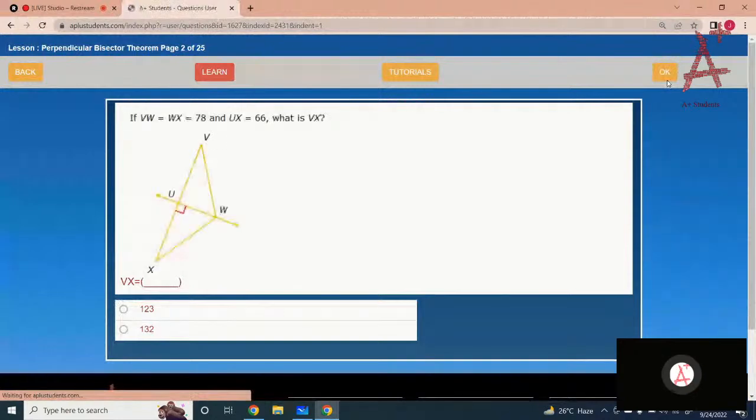The next one is: if VU and WX equals 78 and UX equals 66, what is VX?